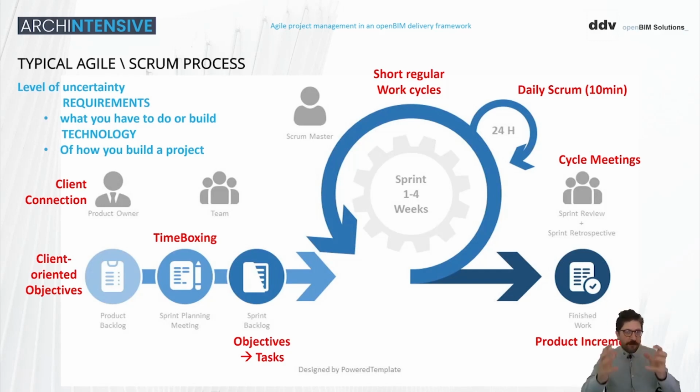So this is in general what Agile is about, as a summary and very fast, but probably you could already see which parts of this approach could connect with our usual BIM activities.